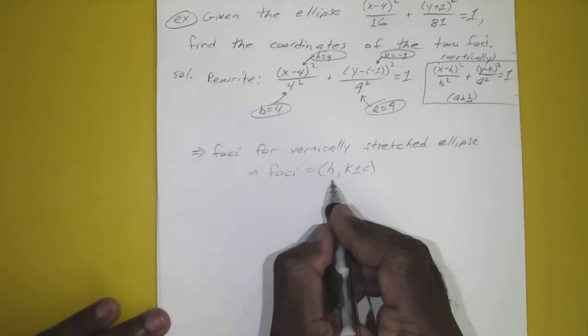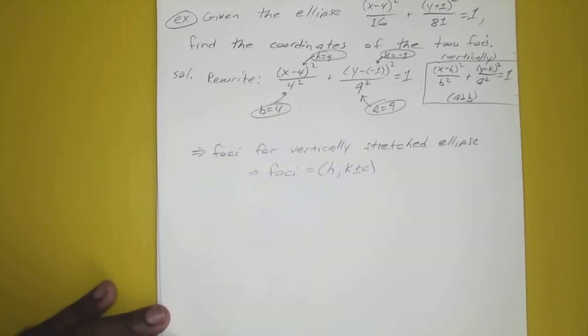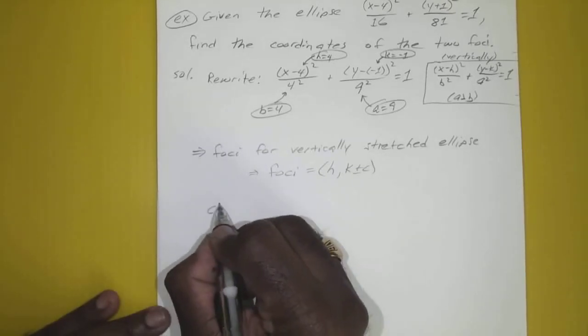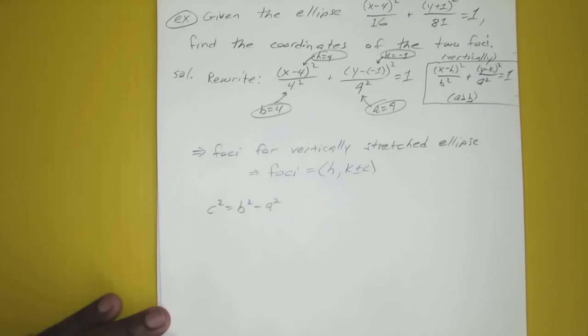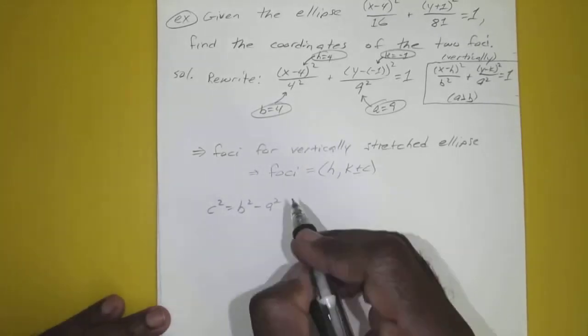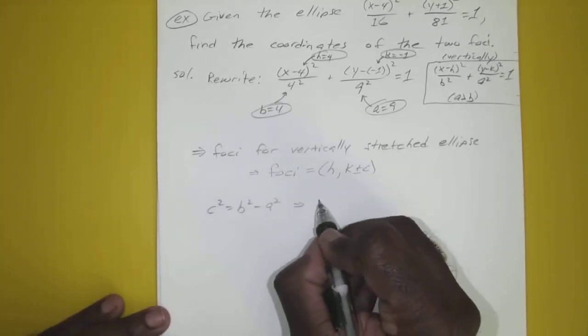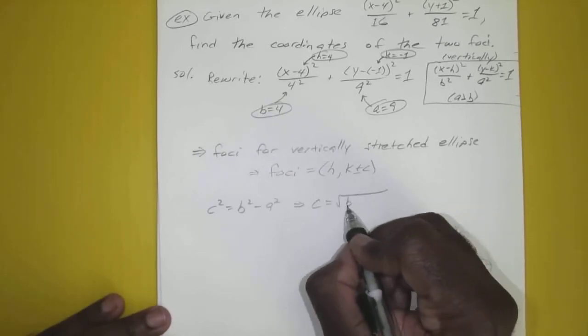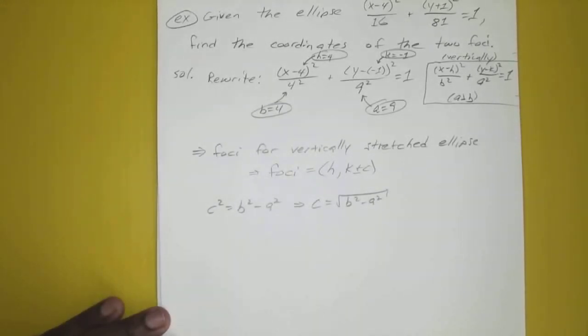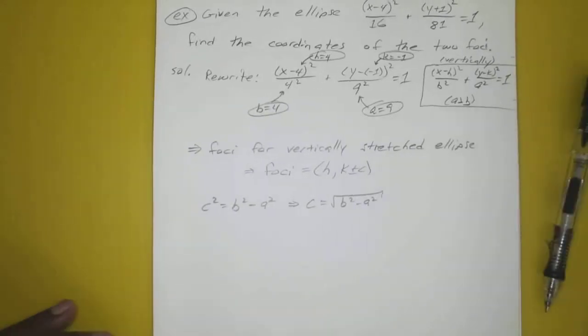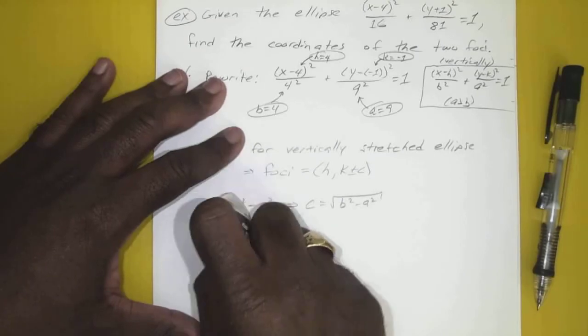So just like before, we might as well go ahead and solve for c first since we know we're going to need it. So c squared equals b squared minus a squared, or c equals square root of b squared minus a squared. Oh, a squared minus b squared. Sorry about that. I don't know why I mixed those up.